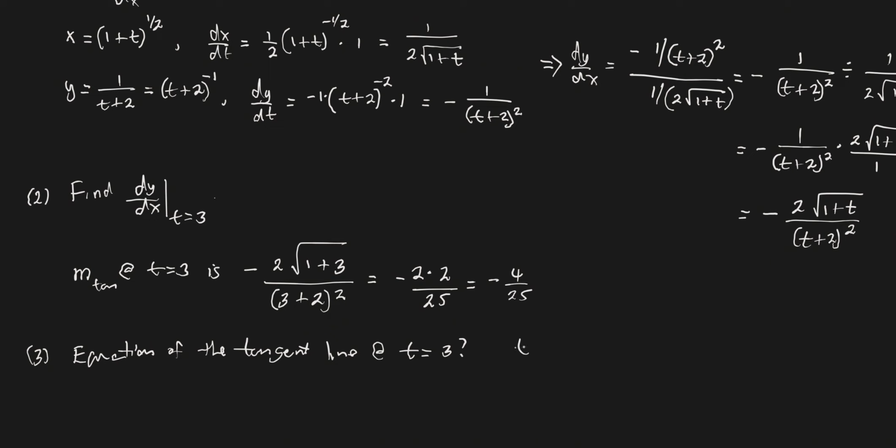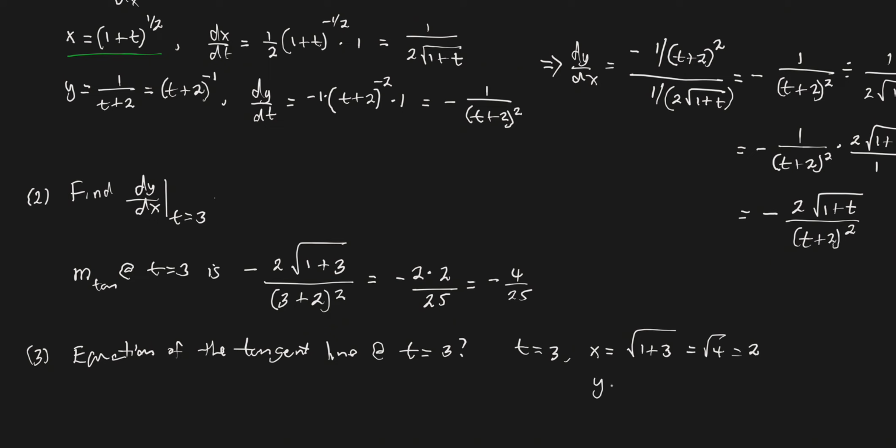So when t is equal to 3, x, we would go back to the original x equation. Look at this equation and use that to figure out the x coordinate. That's equal to the square root of 1 plus 3, so that's the square root of 4, so that's 2. That's the x coordinate that the curve passes through when t is equal to 3.